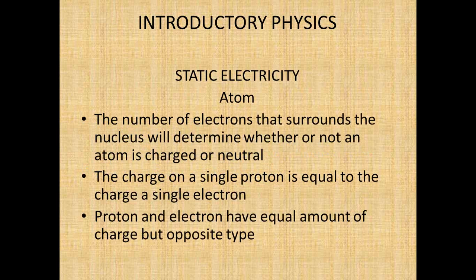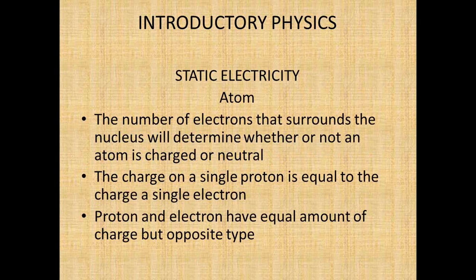The charge on a single proton is equal to the charge on a single electron. So electrons and protons usually have the same amount of charge. So if you have one proton and one electron, they sort of cancel each other out in terms of charge. So that would be a neutral element.